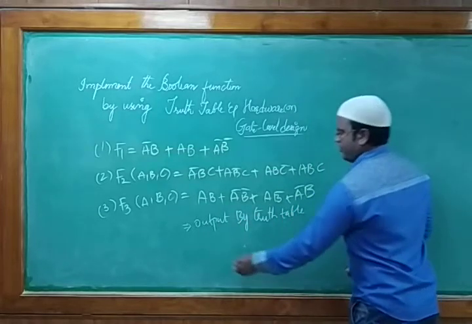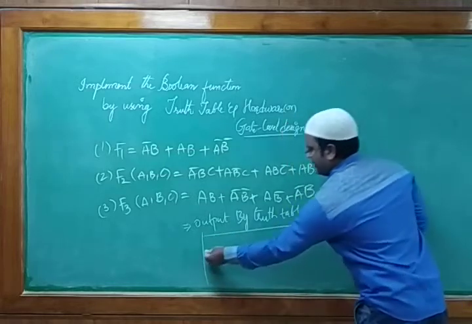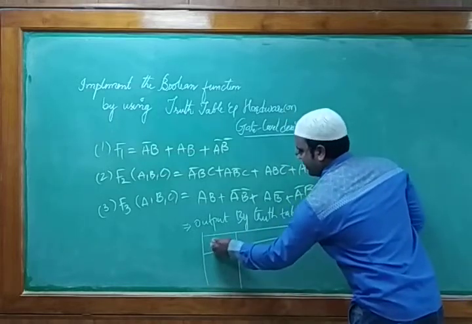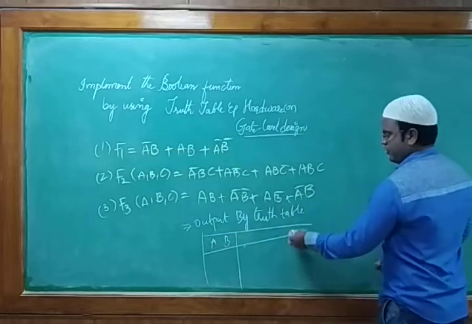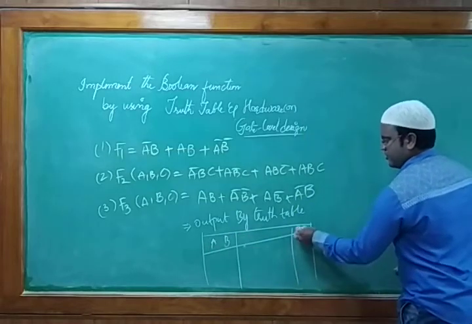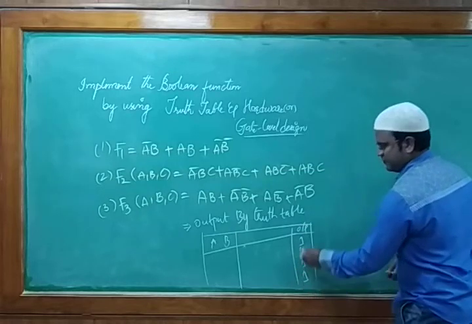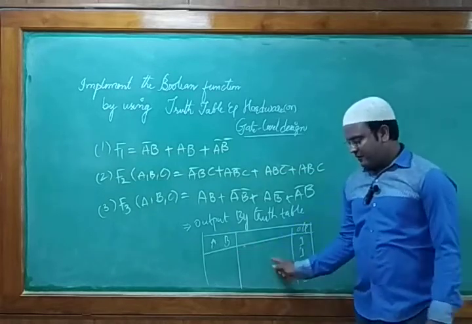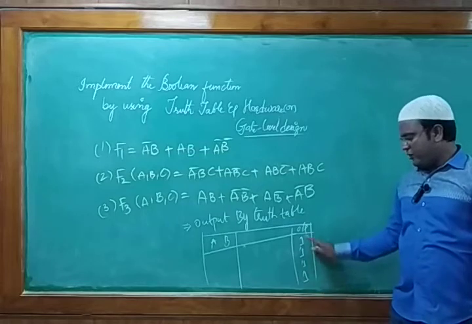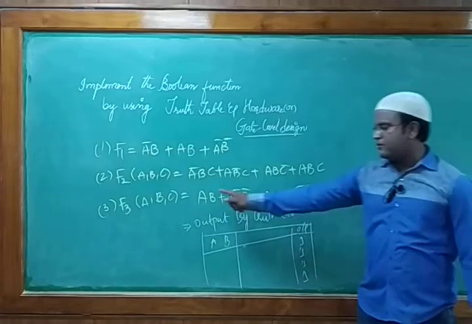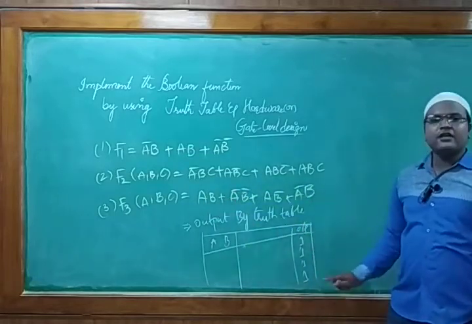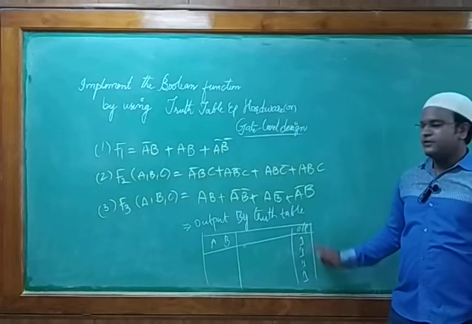At the end, after simplifying the whole function, the last column, the whole output, should be 1 1 1 and 1. Whatever the part you need to do, at the end you need to verify this output. That means if you're simplifying the whole function, the last must be high. You'll try it.